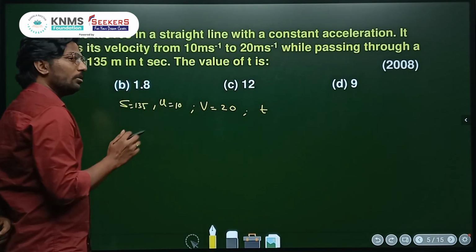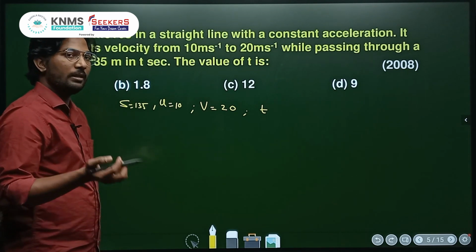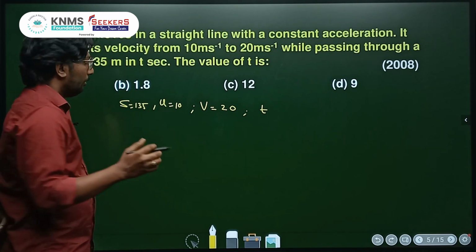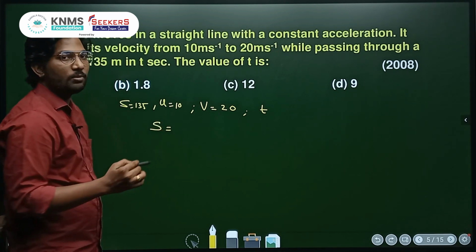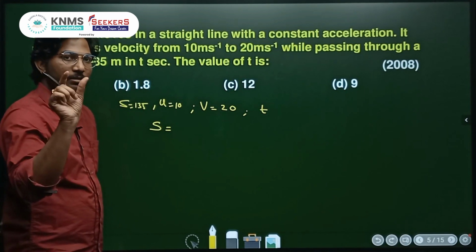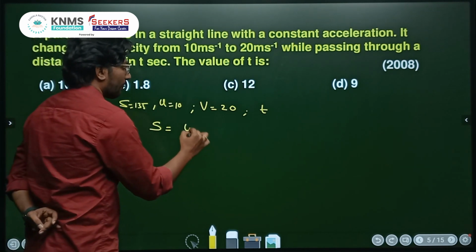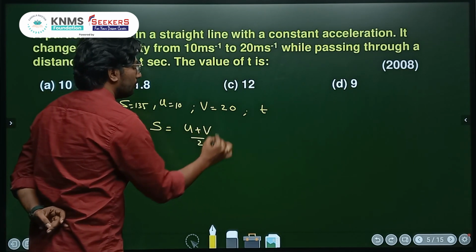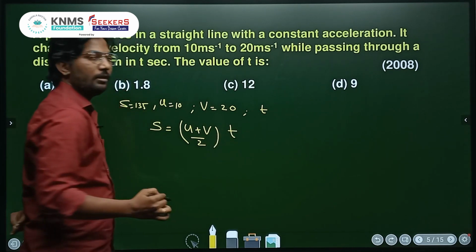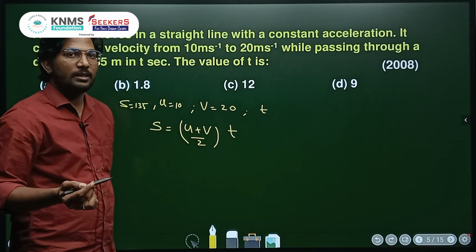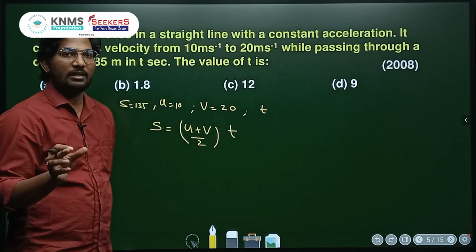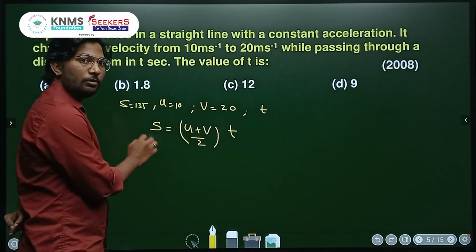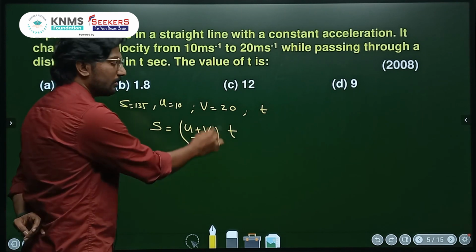So we can use the ut plus half at square equation. Rather, if you check your NCERT, the S is equal to ut plus half at square equation begins with a standard format, S is equal to (u plus v)/2 into t. So I would recommend you to please go through NCERT once again to check this information regarding the kinematic equations. The derivation of ut plus half at square begins with this equation.